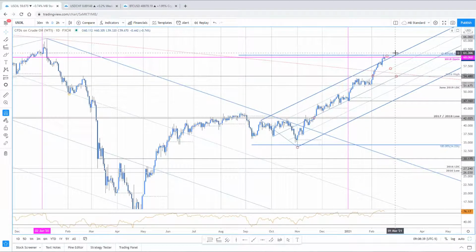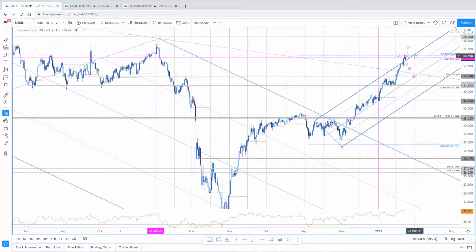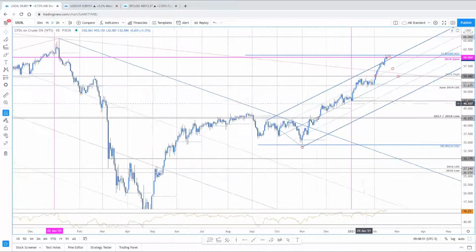I'll also be mindful of the note that just higher, where these dots are right here, is actually the objective 2020 yearly open, right? We're already testing the 2018 yearly open, the 618 extension. It's just loaded up here. Big zone. Also, last year's high week close is right here as well.